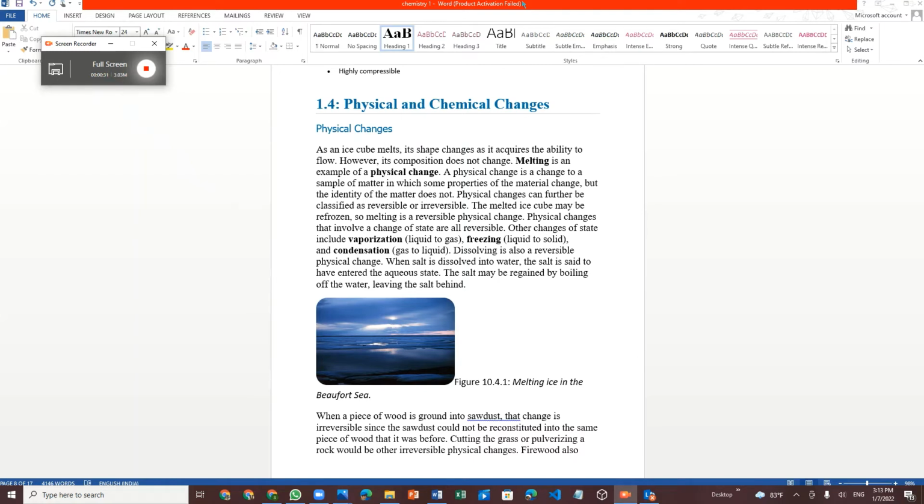We are not going to change its chemical composition or properties. And physical changes are reversible. So, if we melt the ice, we can freeze it back again if we keep it in the refrigerator. So, they are reversible. They can be put back to their original state.